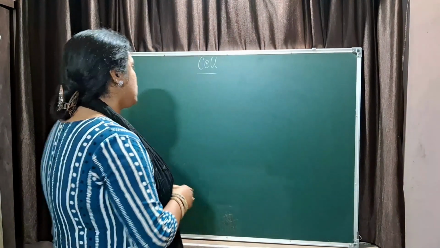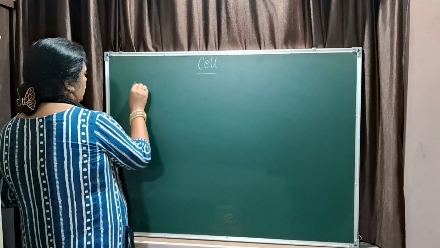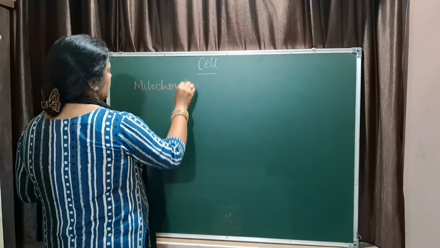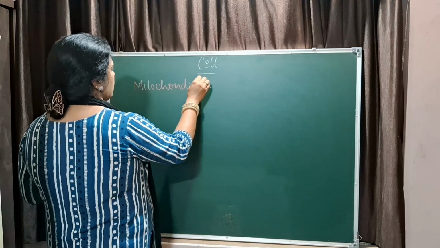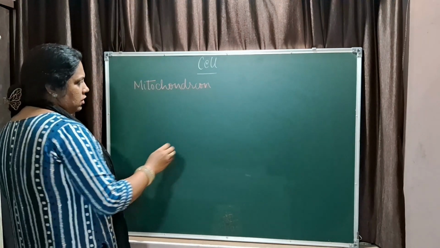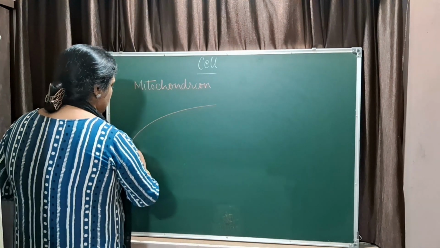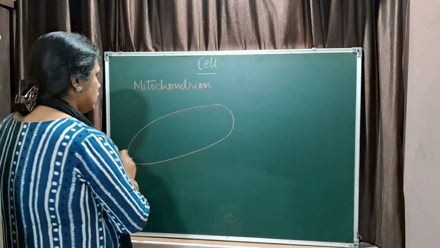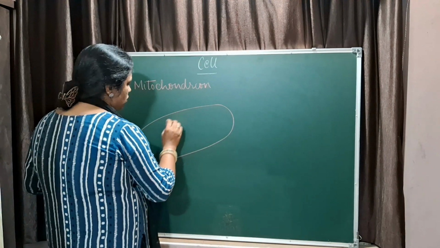So the first diagram is of mitochondria. So let us quickly draw mitochondria. Singular, mitochondrion. For mitochondria, you have to draw an oval structure. Please see how the drawing is going on. Stick to the margin since it is a two-layer.